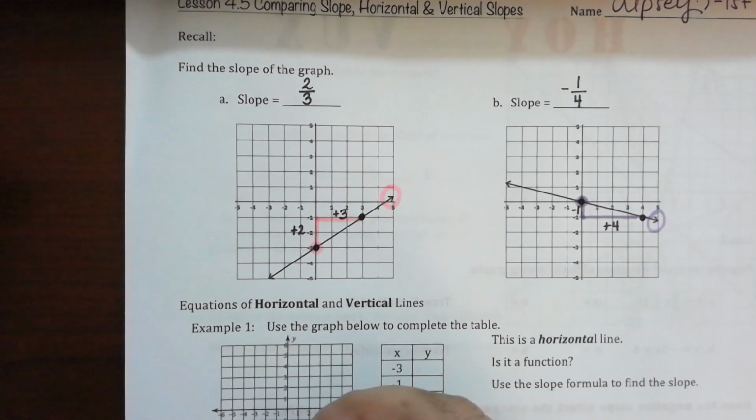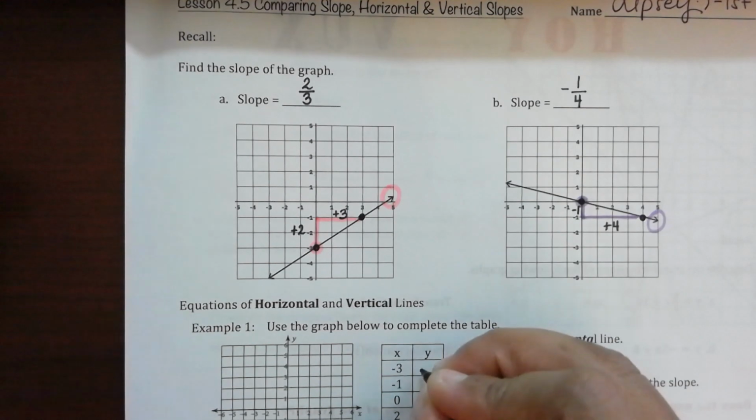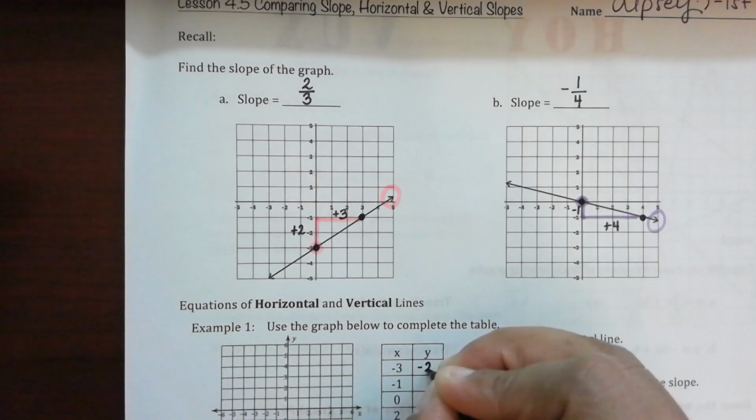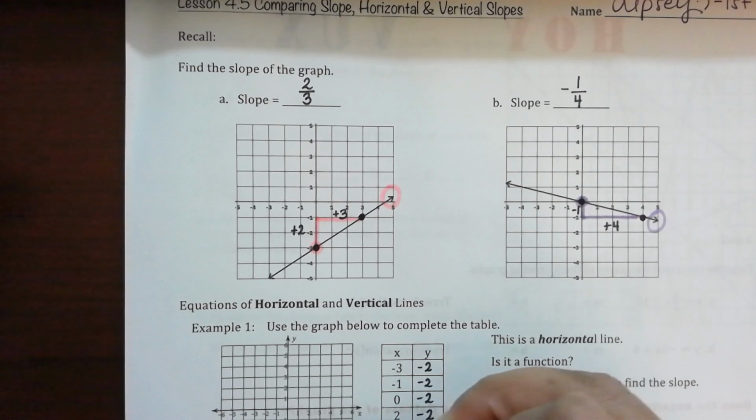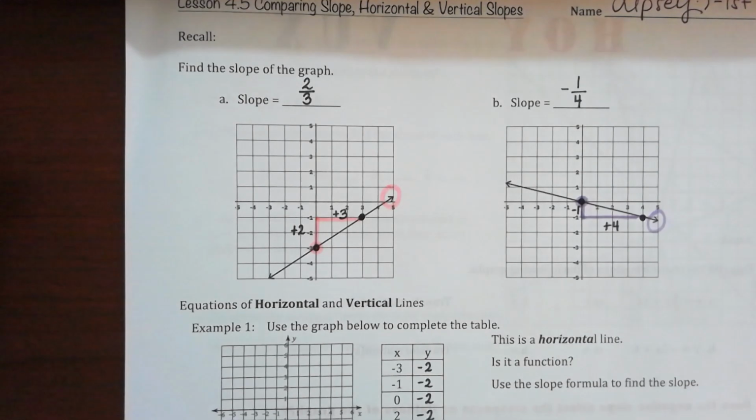The same at what value? (0, -2). What kind of 2? Negative 2, because it is below 0. So no matter what, it will always be -2. Everybody still with me?